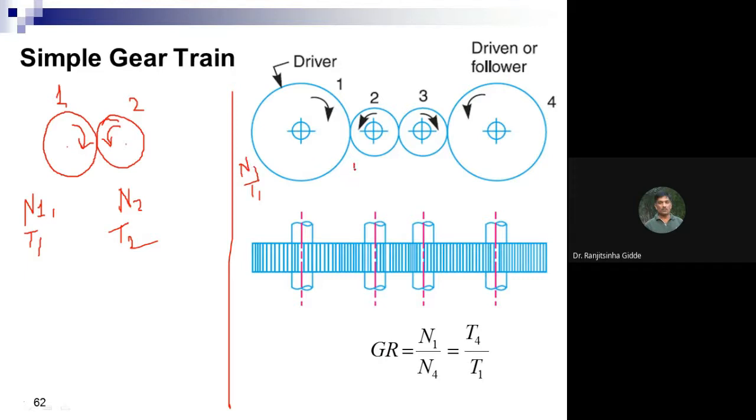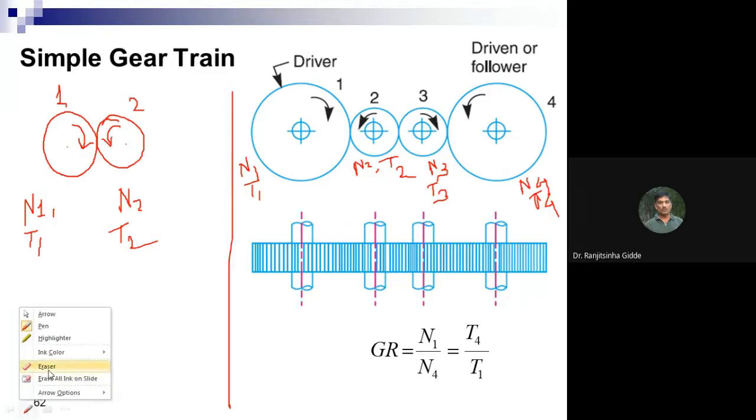n1, n2, t2, n3, t3, n4 and t4. What is its meaning?